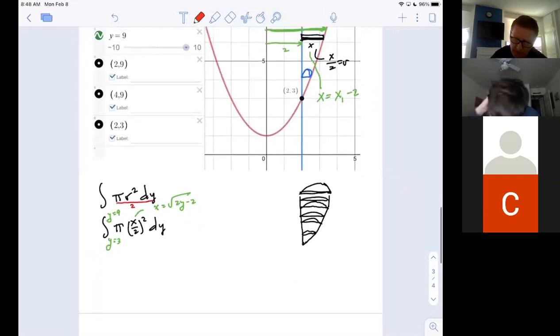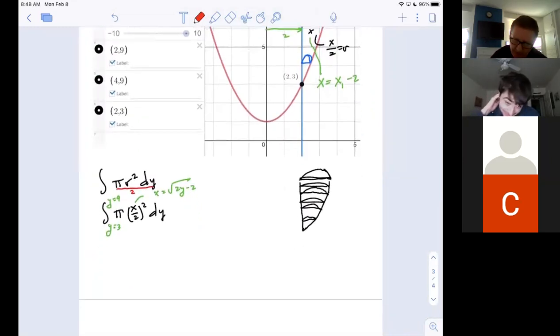So let's see then, what does this really look like? From 9 to 3, I've got a pi and a divided by 2, which I will pull out front.